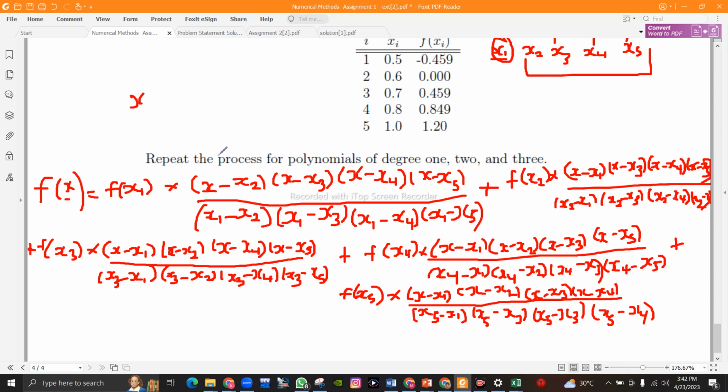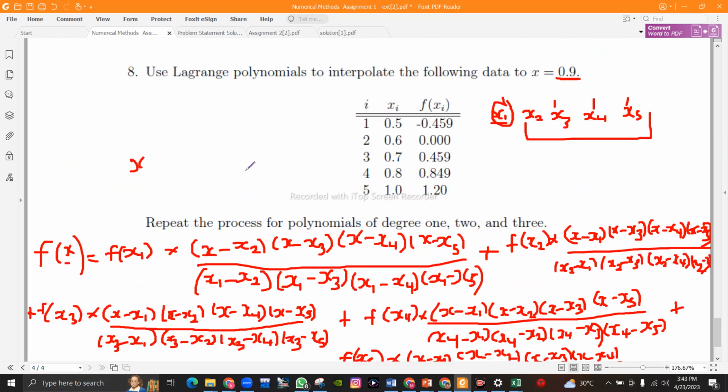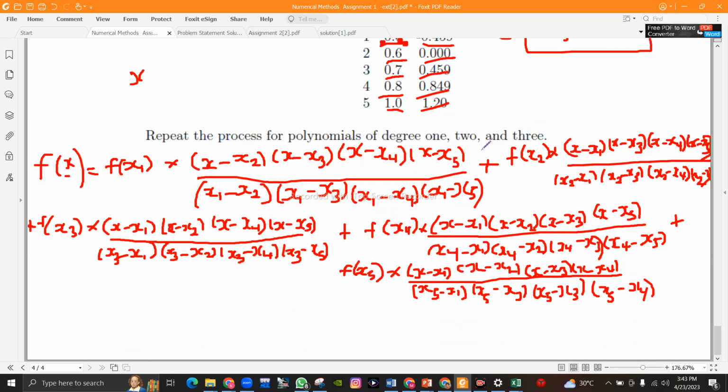Then every other thing is simple because you are given all the points. You are given the values for all the points: x1, x2, x3, x4, x5, and f of x1, f of x2, f of x3, f of x4, and then f of x5. So with that, we can solve the problem.